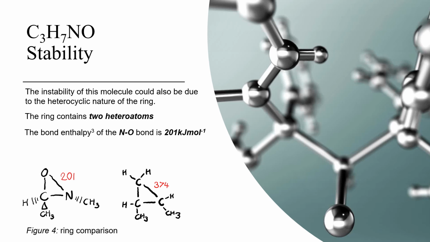As you can see, the bond enthalpy is 201 in the case of the N-O bond, and in the case of the C-C bond, it is 347. Obviously much greater, which leads to a higher stability. A lower stability in the case of the molecule we are looking at, C3H7NO.